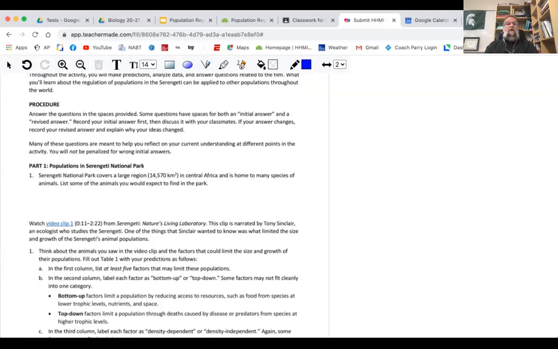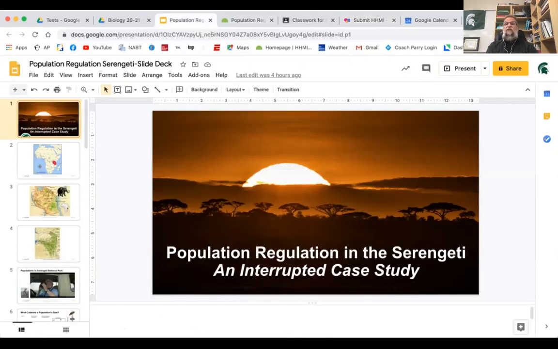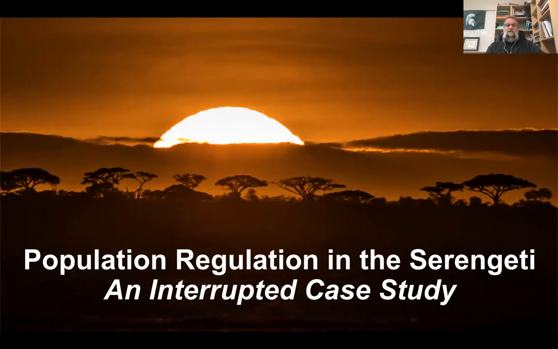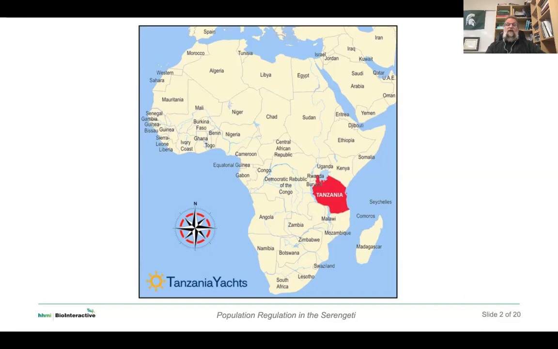So let me show you a little bit about the Serengeti. This is a sunset picture of the Serengeti. The Serengeti is located in Africa, in the country of Tanzania.